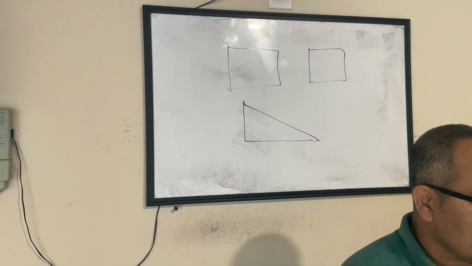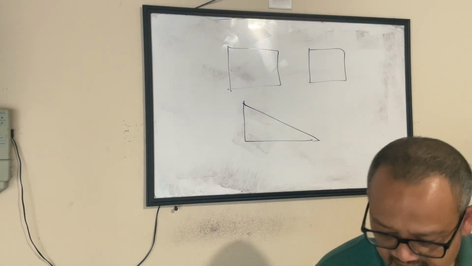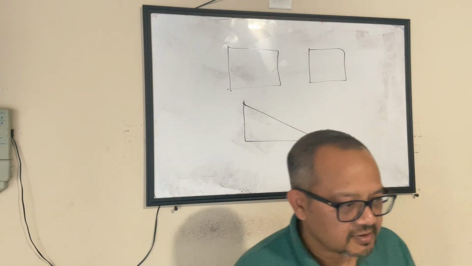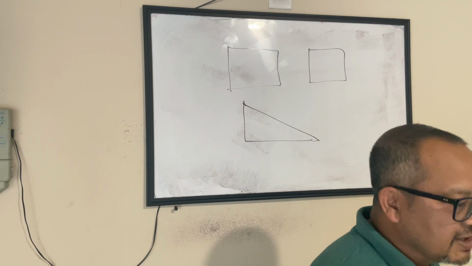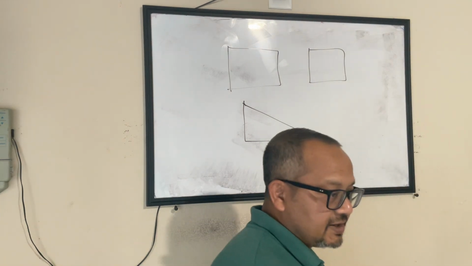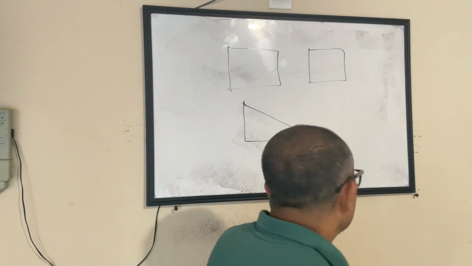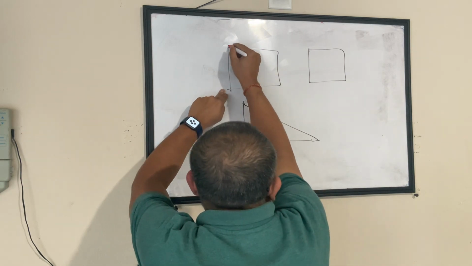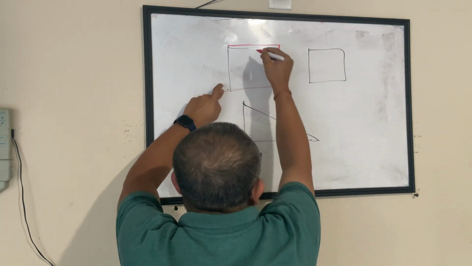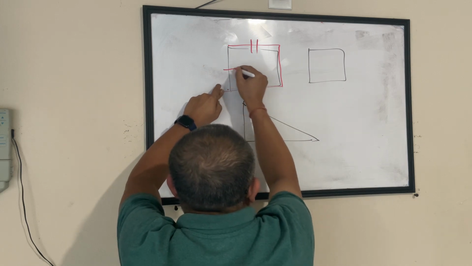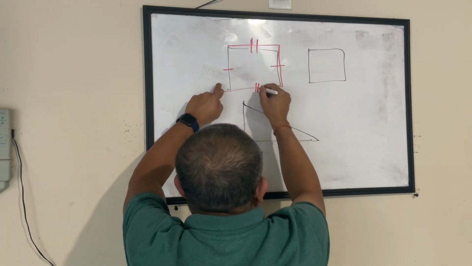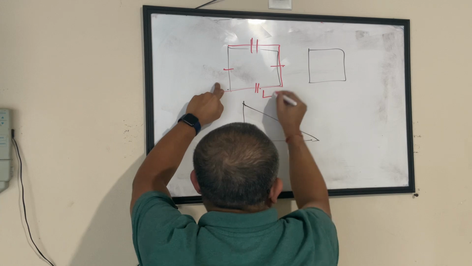When we learned area, we multiplied the side by the top. That's what we did in the previous class. When you talk about the area of a rectangle, first of all, everybody remembers what a rectangle is. Opposite sides are equal and parallel, meaning this side and this side are equal. This is called length, this is width.